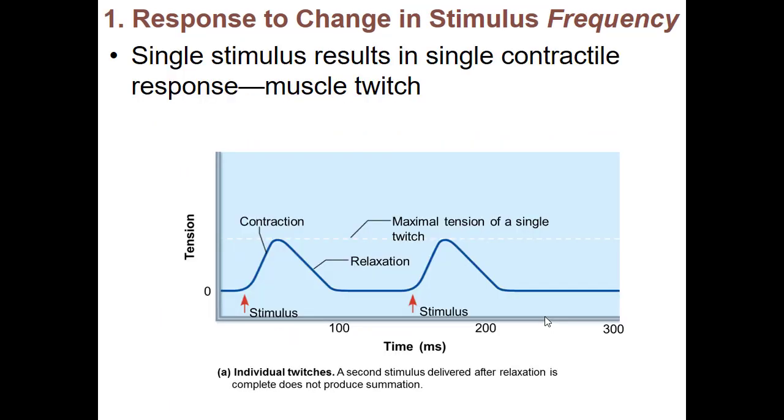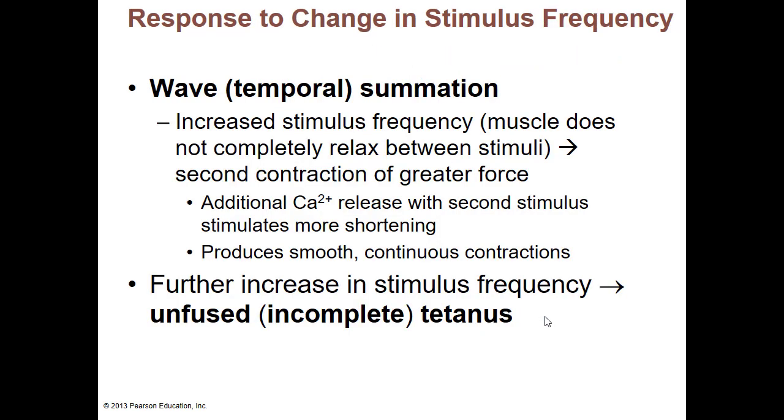So there's your stimulus. Well, what if we don't allow it to relax? And then we put another stimulus right there. We're not going to allow it to relax. And if we don't allow it to relax, even more calcium is now available to uncover more active sites on actin. More myosin heads can grab on, and you can produce a stronger contraction.